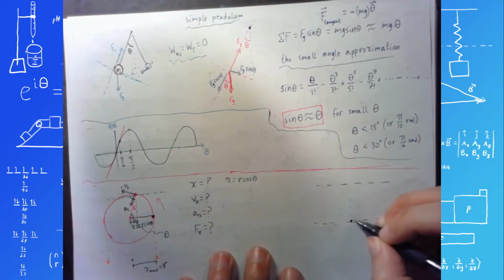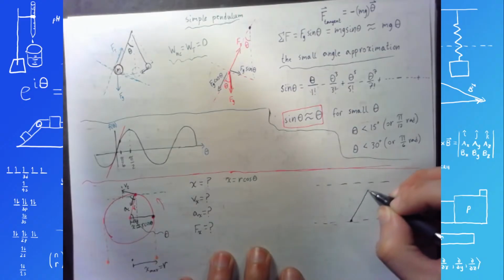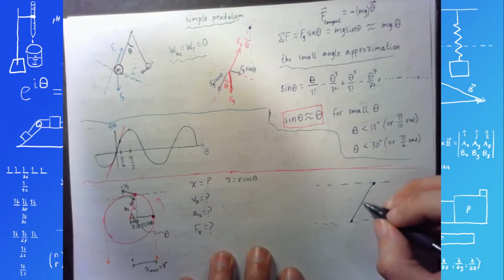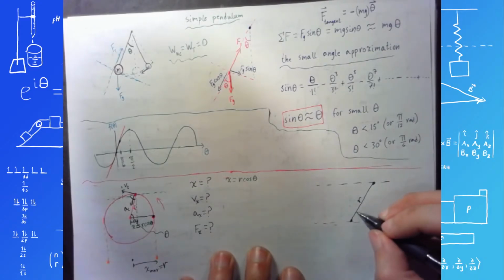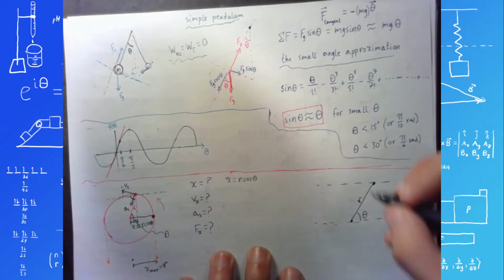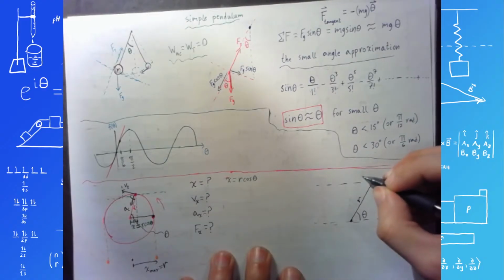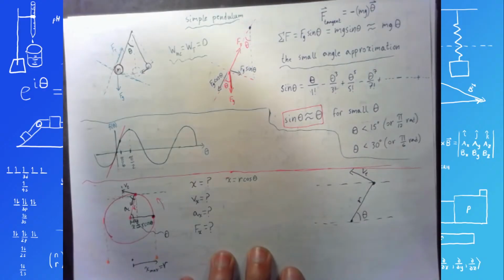So you have R, and then you have this theta, and then you have V tangential looking like this.